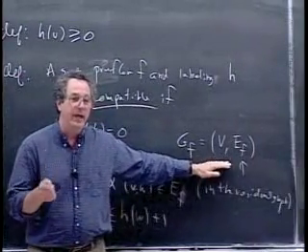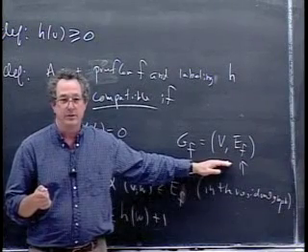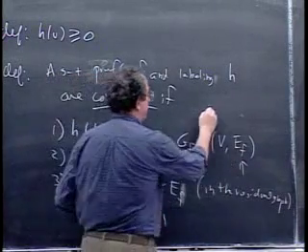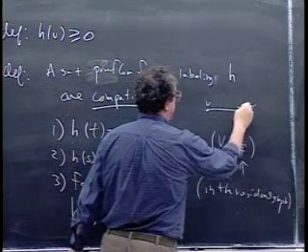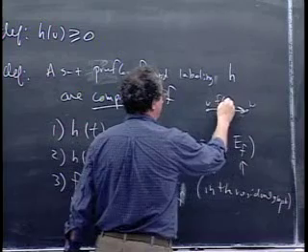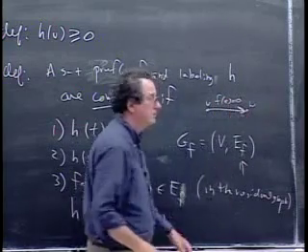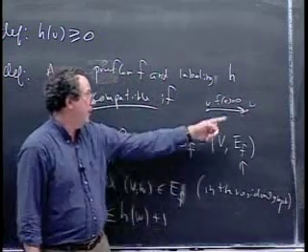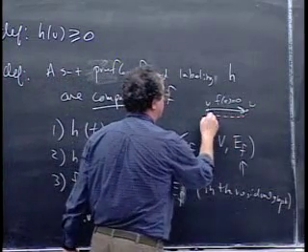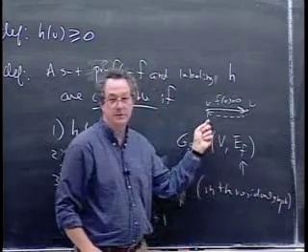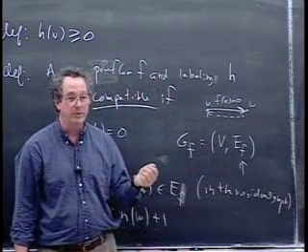But you can also create an edge when you do a push. How do you create an edge that wasn't there before? If this is a forward edge from V to W, and its flow is 0, then the backward edge isn't there. But now you push, and you create a backward edge. So pushing can create additional edges.